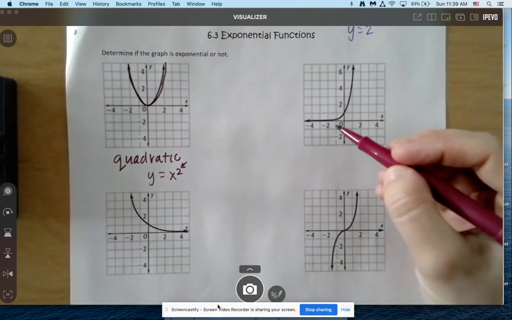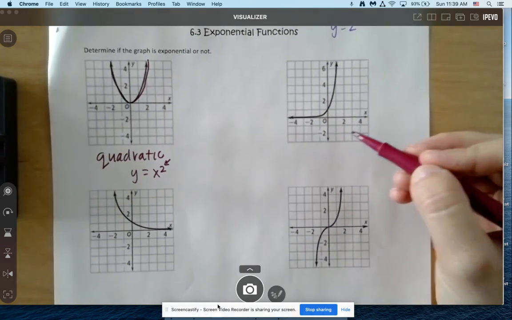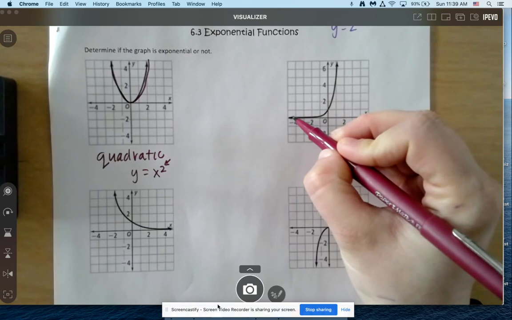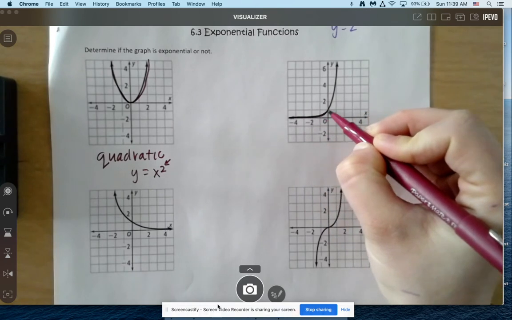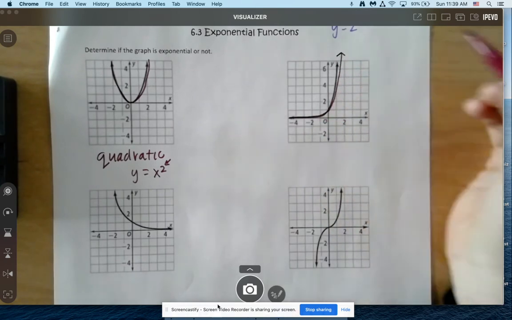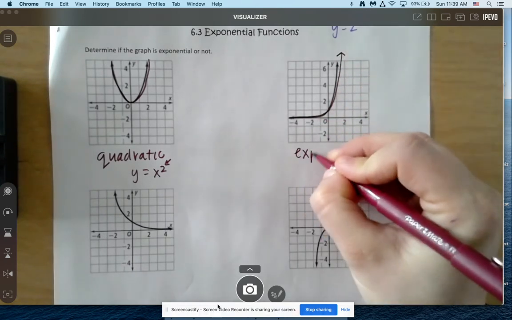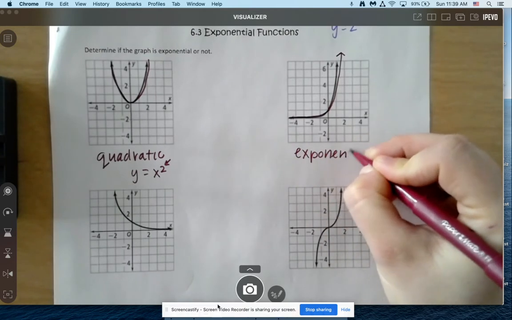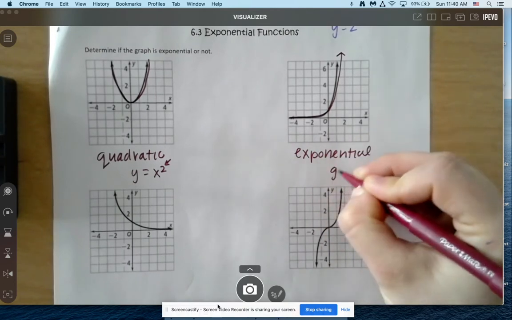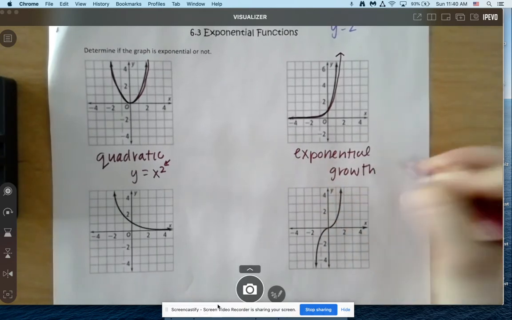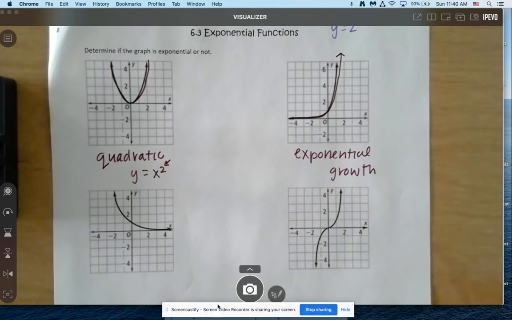This one over here, I hope you're thinking, is exponential. We're starting off pretty small, then all of a sudden we just go up, up, up real quick. This would be called exponential growth because we're getting bigger. It's growing real fast, real rapidly.